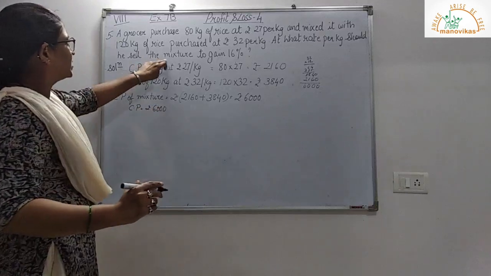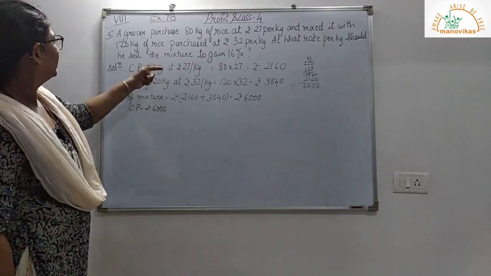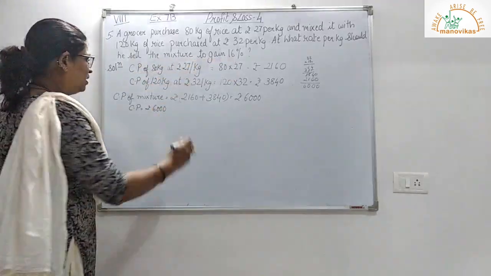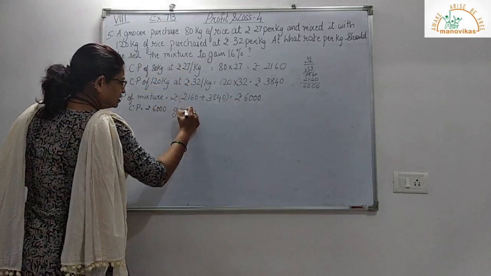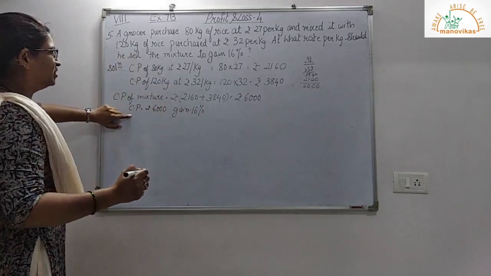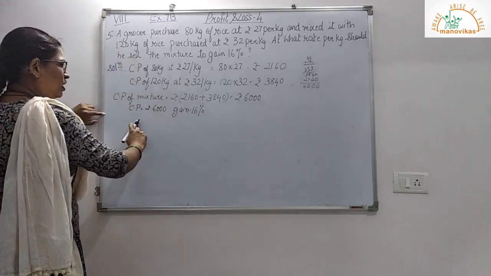Cost price of the mixture is rupees 6000. And what I said about the mixture, that he sells the mixture at a gain of 16%. Right. So gain percent here is 16%. So now we can find the selling price here of the mixture.